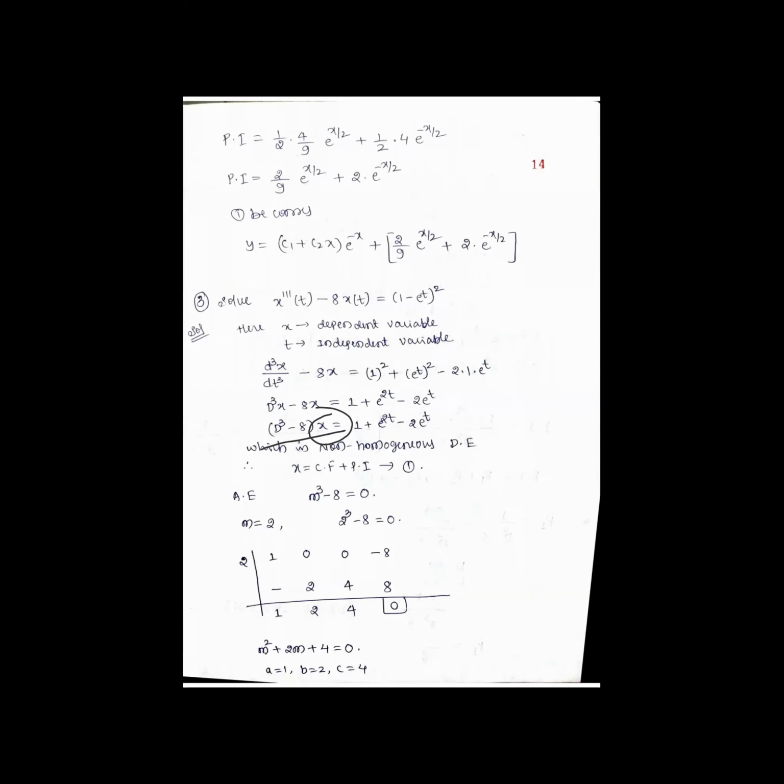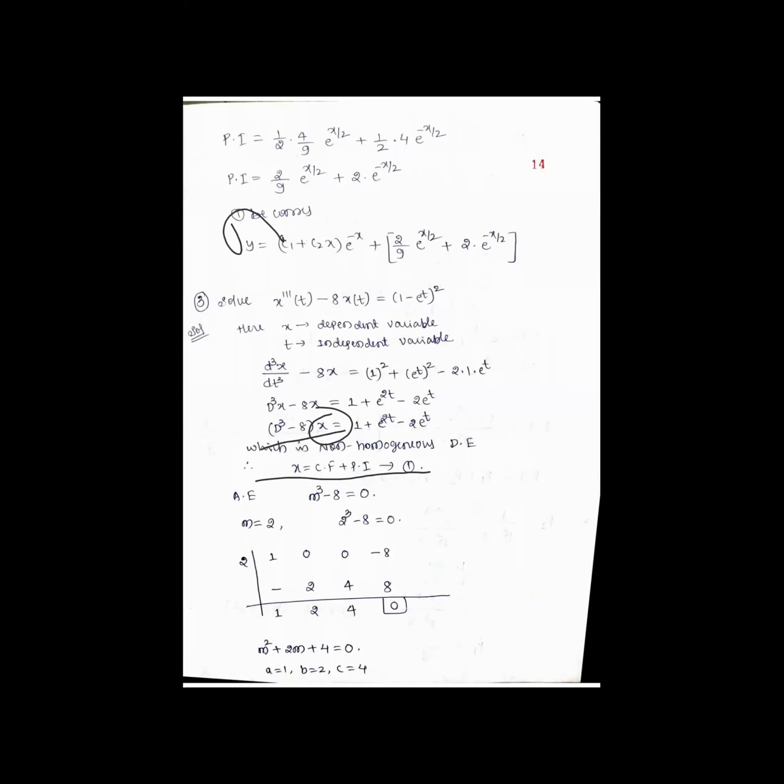The solution is given by x equal to complementary function plus particular integral. Therefore, the auxiliary equation is m cube minus 8 is equal to 0. By the method of inspection, you have to find one root such that the equation reduces to 0.